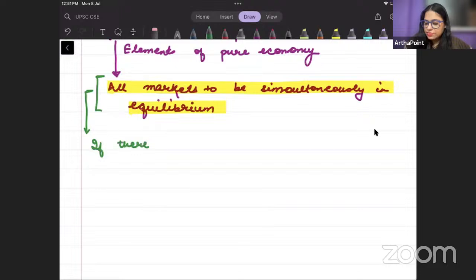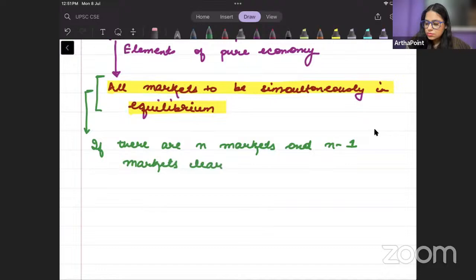there are n markets and n minus 1 markets clear, then the nth market will also clear.